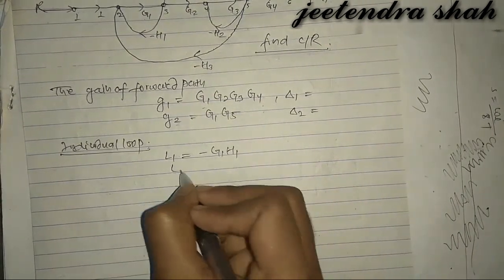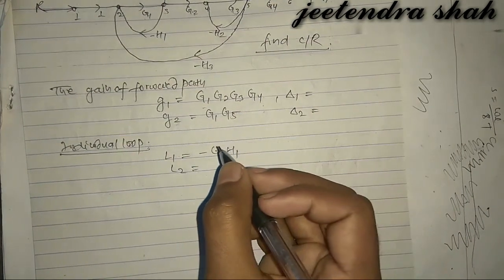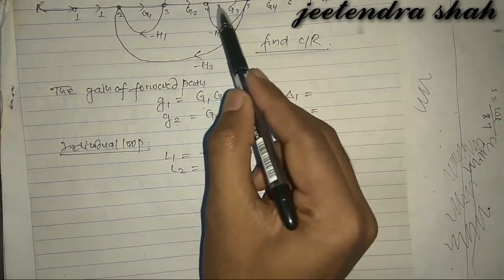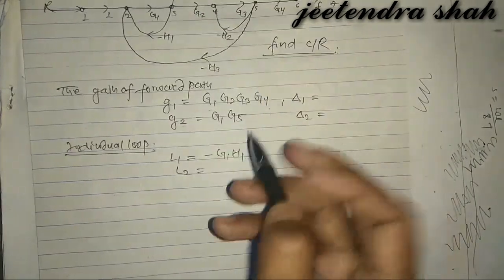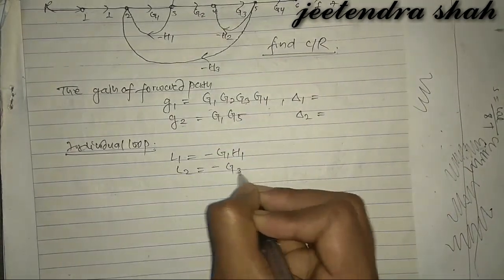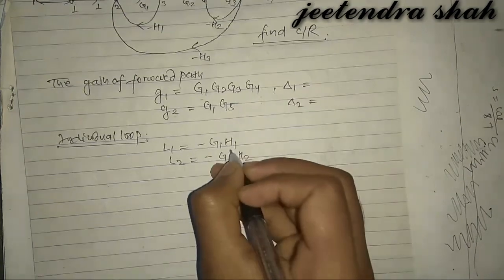Similarly L2 is the loop with G3 and H2, so minus G3 H2.